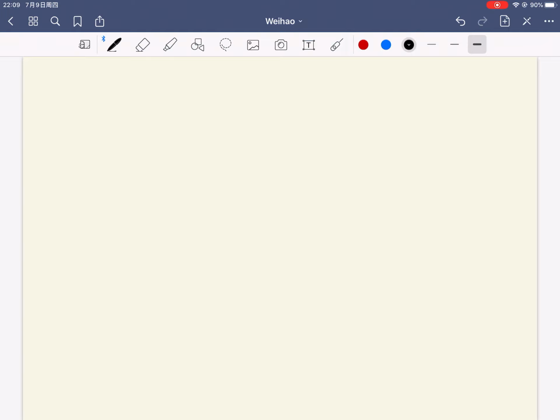Let's go to the next page. After we make that change, we can rewrite the equation as the product of three matrices.